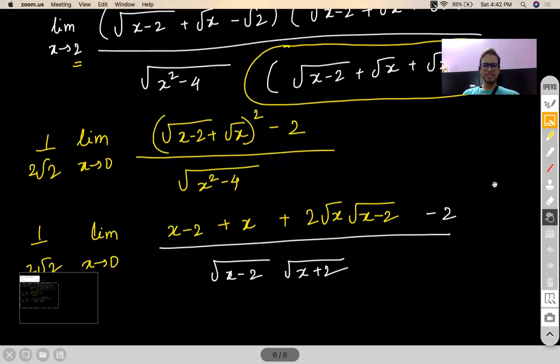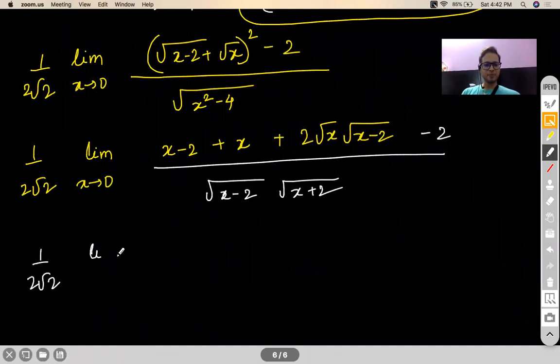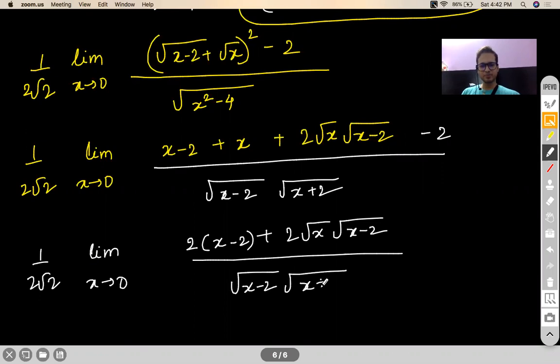Now here also we can see that the numerator will get simplified as 2 times, so 2x is there, minus 2 is also 2 times, so 2 times x minus 2, and 2 under root of x under root x minus 2, by under root of x minus 2 under root of x plus 2.